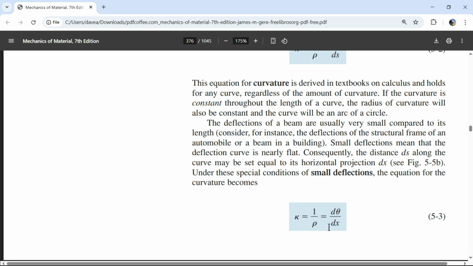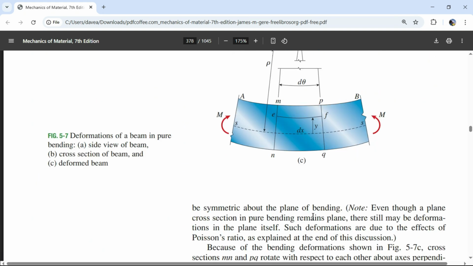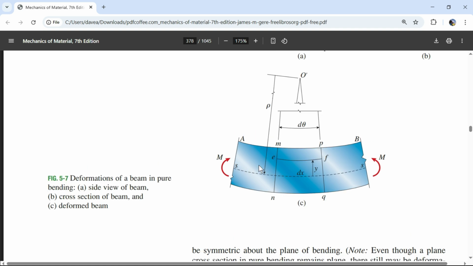If we set our y-axis always up, and our radius rho is a positive y value, then we get a positive value for the radius, and because curvature is 1 divided by the radius, we get a positive value for curvature. The center of the circle is going to be up here.